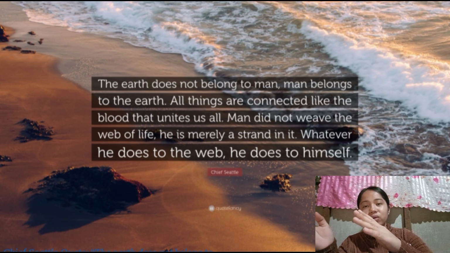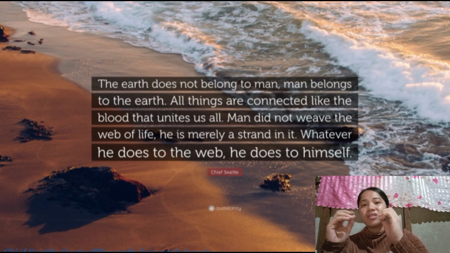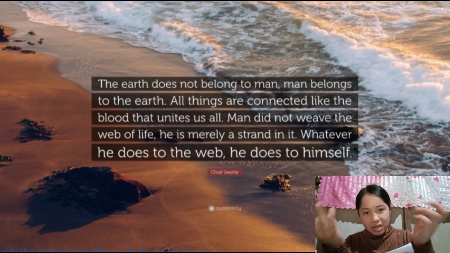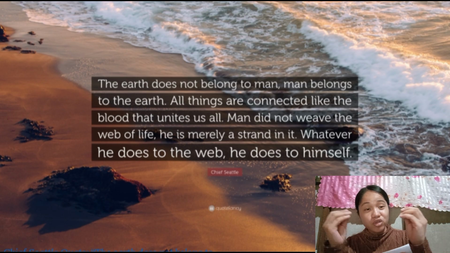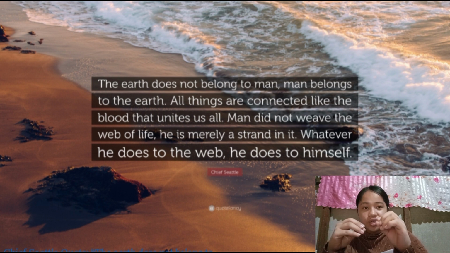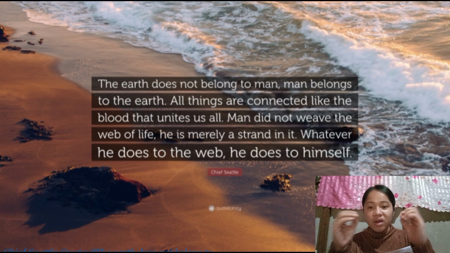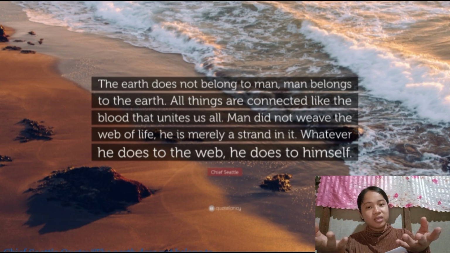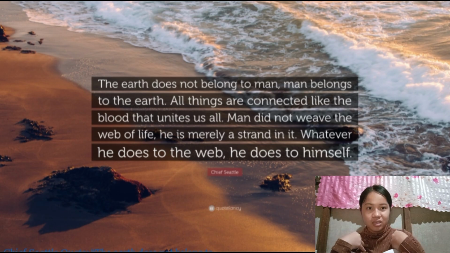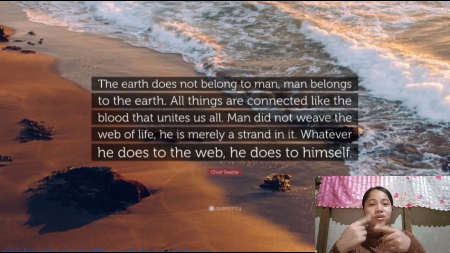And everything we do, as I've said earlier, affects the earth, and everything that the earth experiences affects us. So again, it's about interconnectedness.